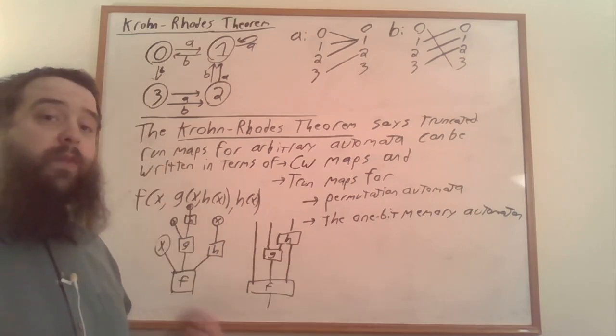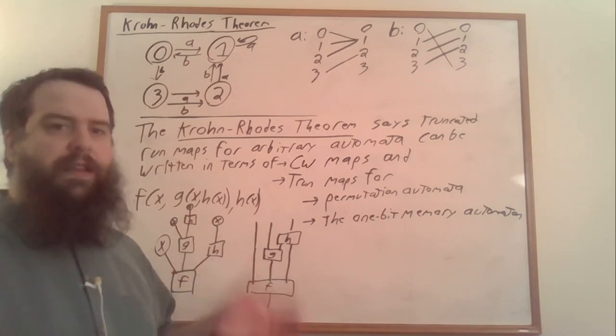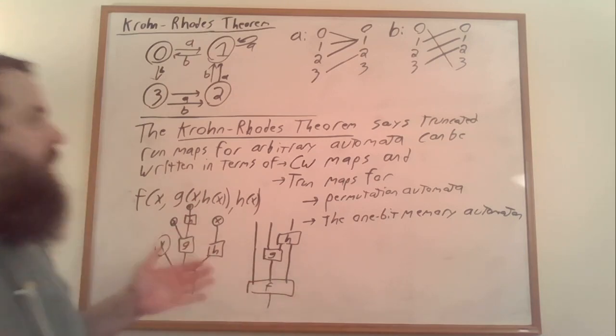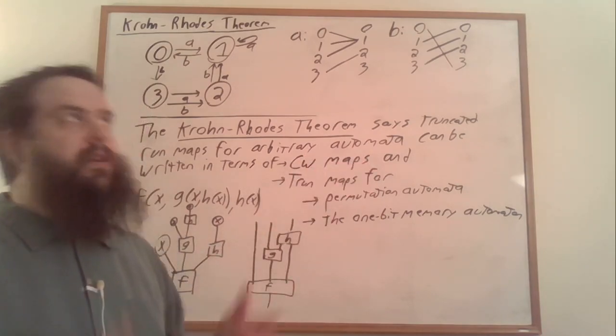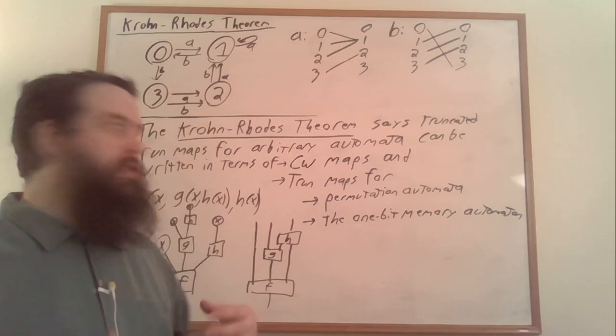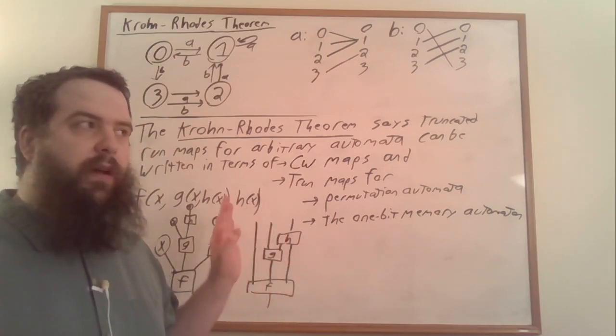It seems like the real content of the Krohn-Rhodes theorem is in terms of some sort of algebraic decomposition. When we're studying finite state automata, we're really studying the underlying monoids, or rather semigroups, because you don't always have to have an identity action for an automaton.